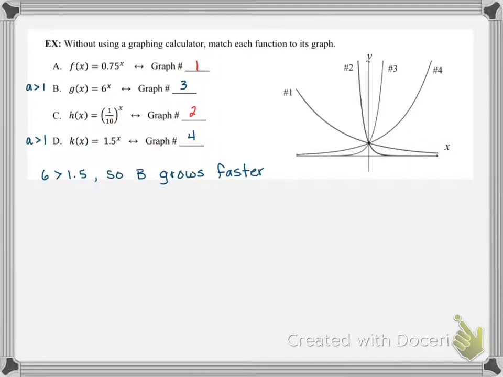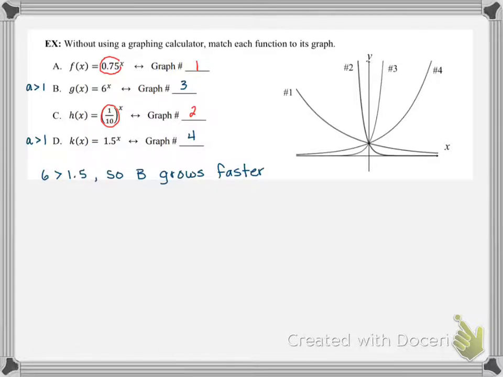Yeah, so the other way you can think about it is, remember we talked yesterday about decay factors and how the decay factor is what's left. So if you have 1/10 left versus 0.75 left, or 75% left, which one's getting smaller faster?